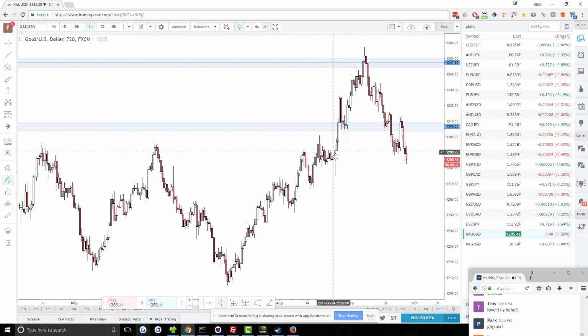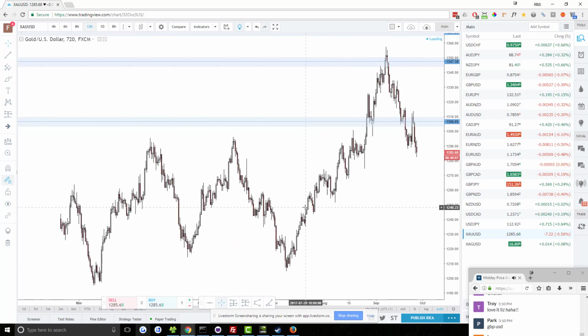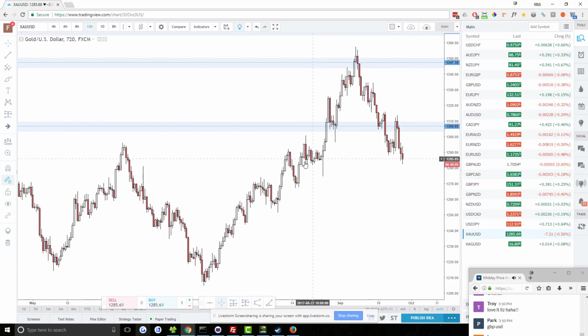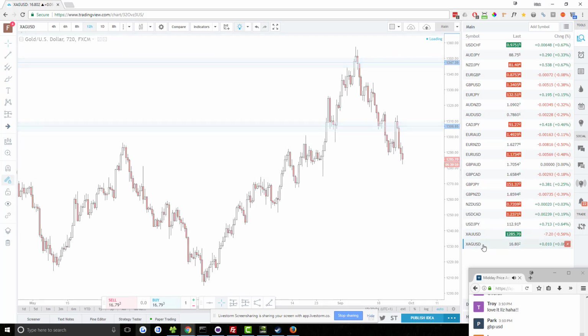It's looking good. I want to see gold fall lower because it's probably going to present us with a nice long-term buy opportunity if it drops down to some of these lower support areas, which I haven't got drawn in, but they are there.